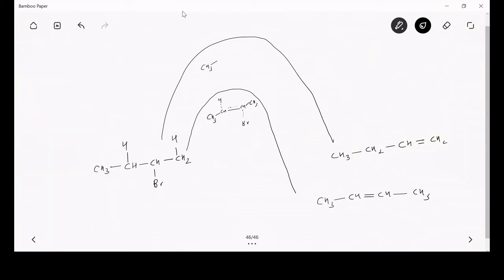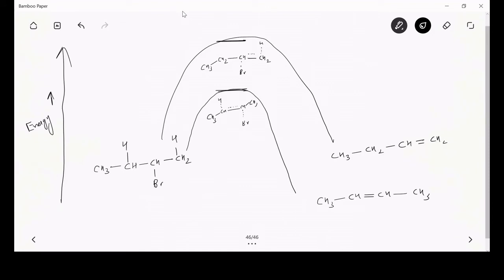That means CH3, CH2, and H. So this is one transition state, this is another transition state, and the direction of energy will increase in this way. So energy is increasing here in this direction.